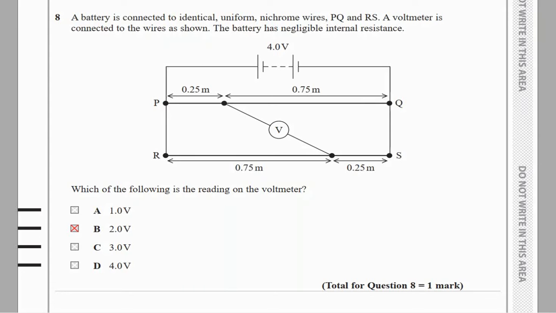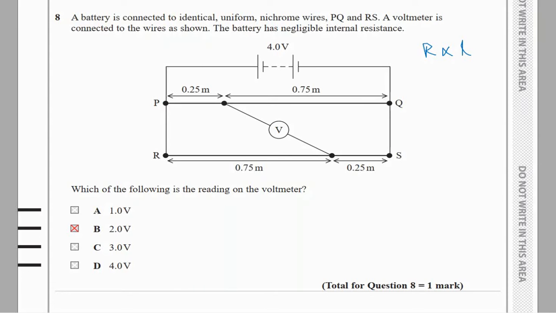So this 4 volt is shared among these two sections of this wire, and the length of this section is 0.25 meter and the length of this section is 0.75 meter. So we all know resistance is proportional to the length, and in a series circuit the voltage is shared according to the ratio of the resistance.